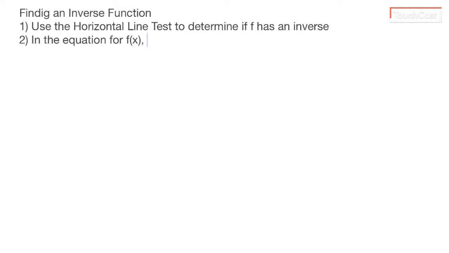First, we're going to use the horizontal line test to determine if f even has an inverse. Once we've done that, if an inverse exists, if the function passes the horizontal line test, in our equation for f of x, we replace f of x with y.